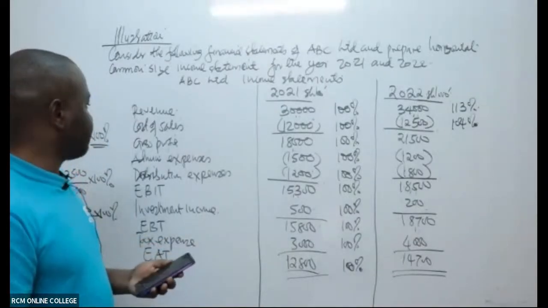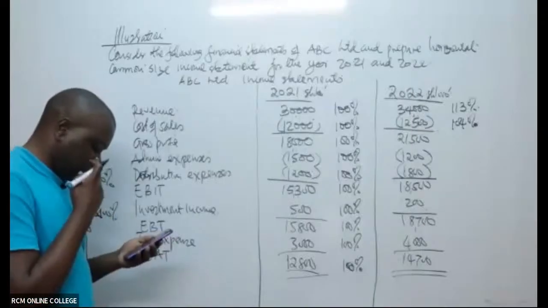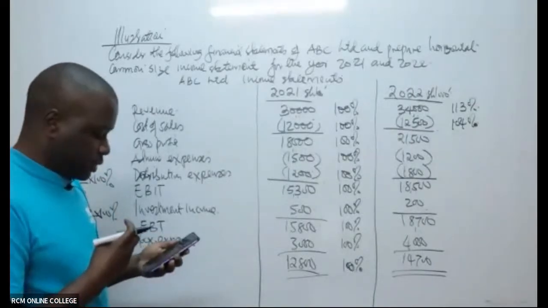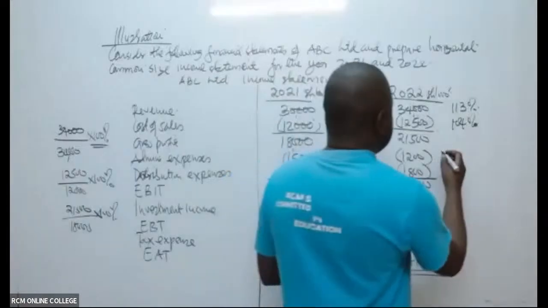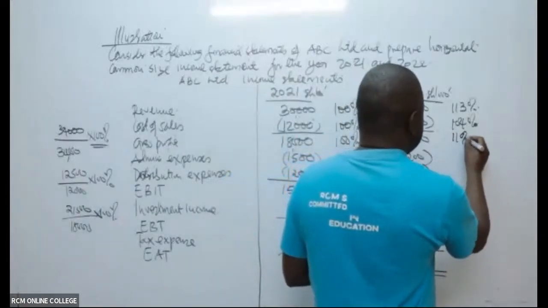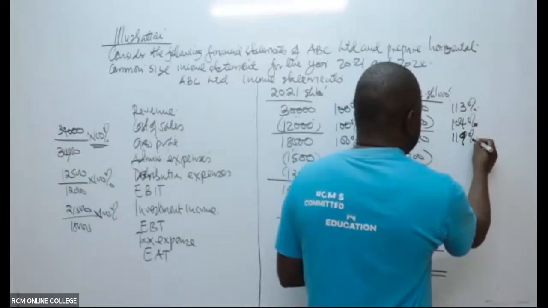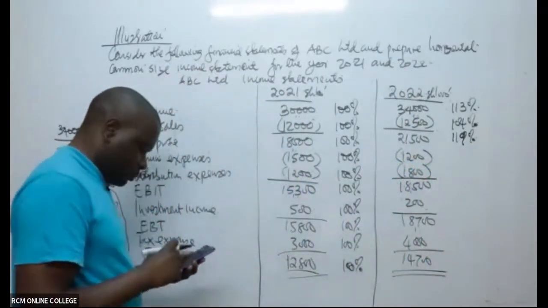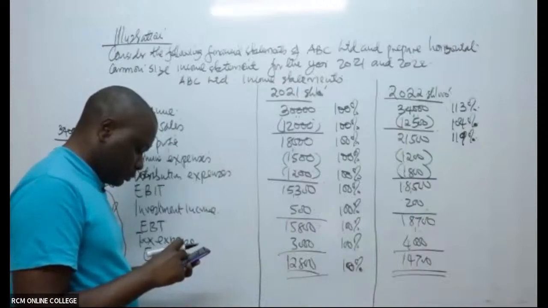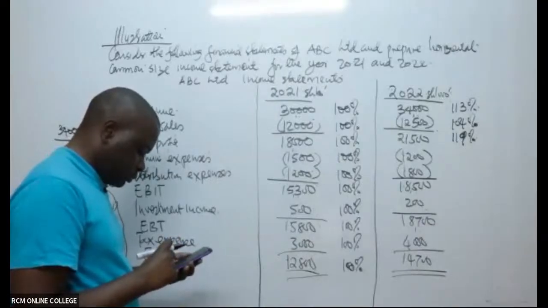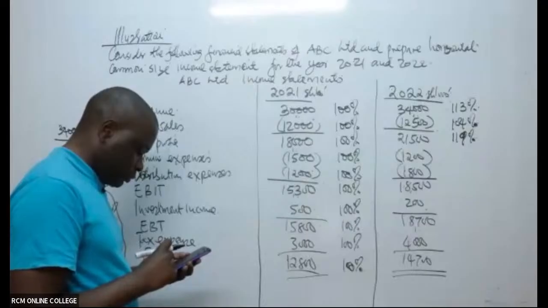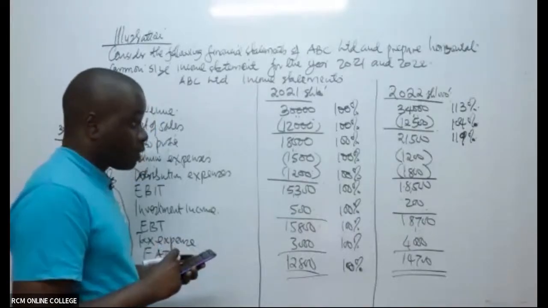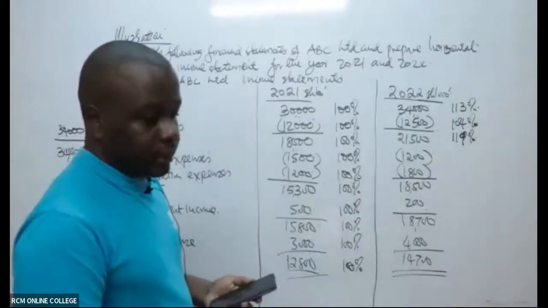What about the gross profit? I can see you're saying 119%. Then 80%.